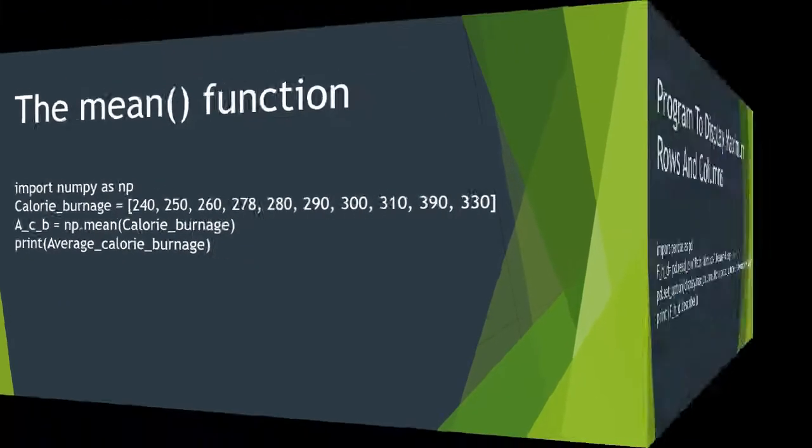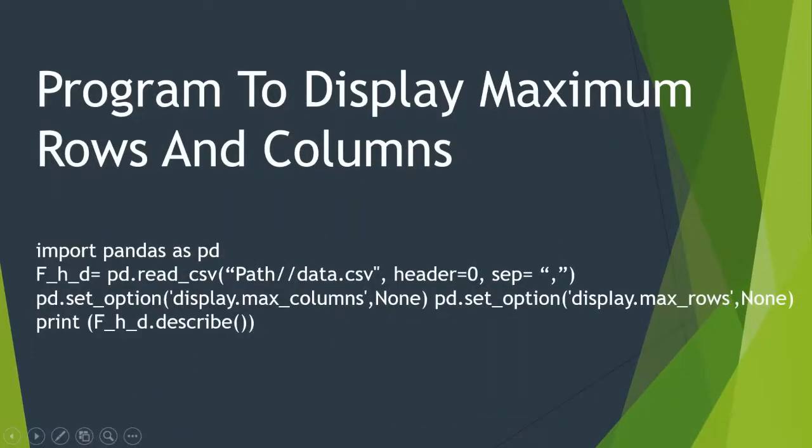Yeah, and then a program to display the maximum rows and columns. So it will show the maximum rows and columns, which means, for example, if I give the column as 80, 125, and then the row as 80, 125, 225, it will show the maximum column is 125, and then the maximum row is 225, which means the greater number.